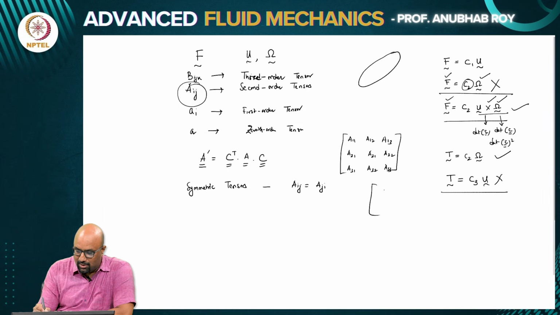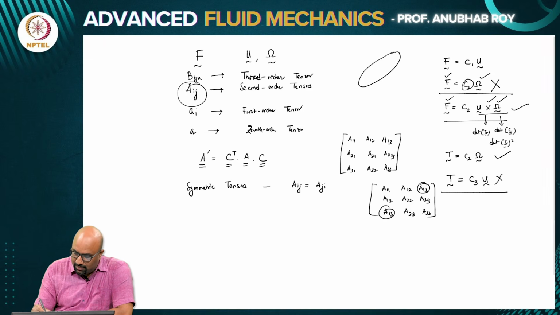So the symmetric form would be A11, A12, A13, then A12, A22, A23, and then A13, A23, and A33.